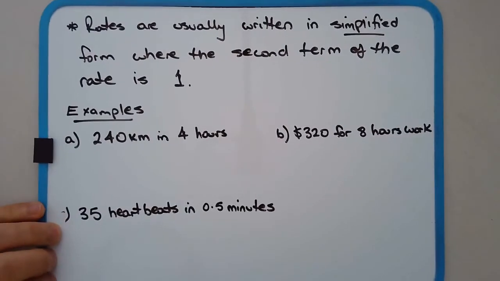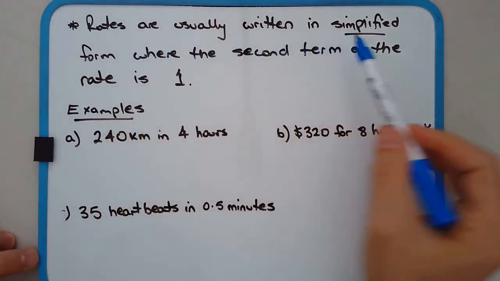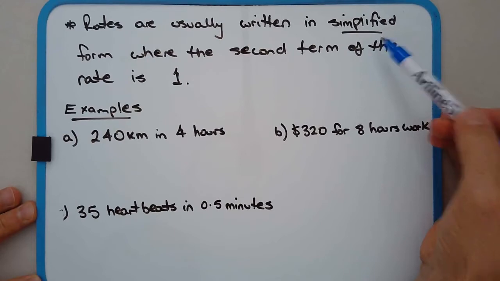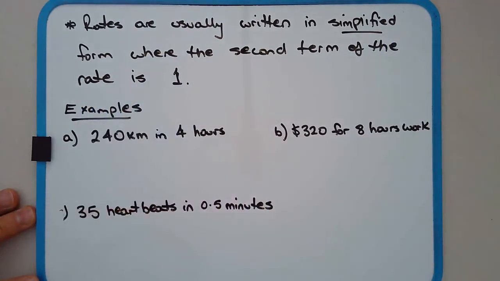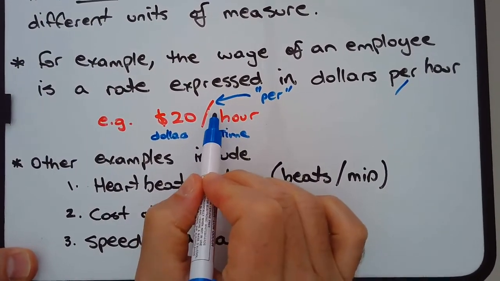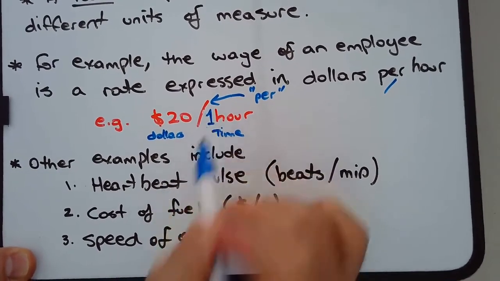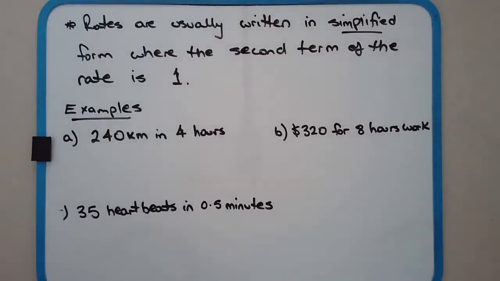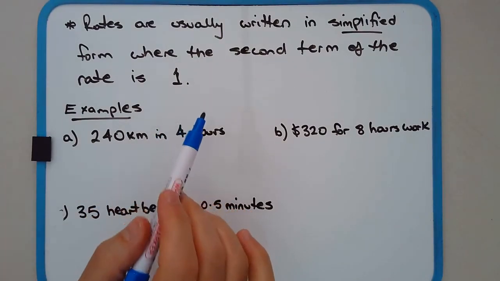Rates are usually written in what we call simplified form, where the second term of the rate is a 1. For example, hour has got to be a 1. If it's not a 1, it's not a simplified rate.